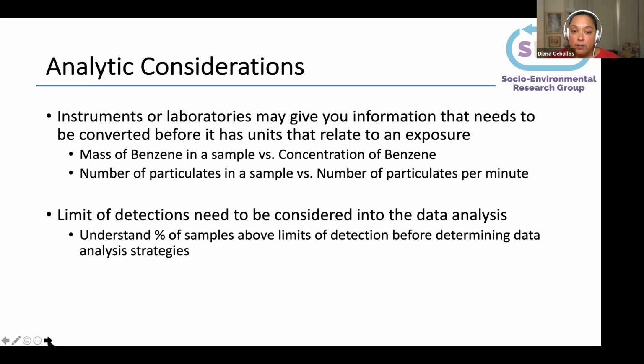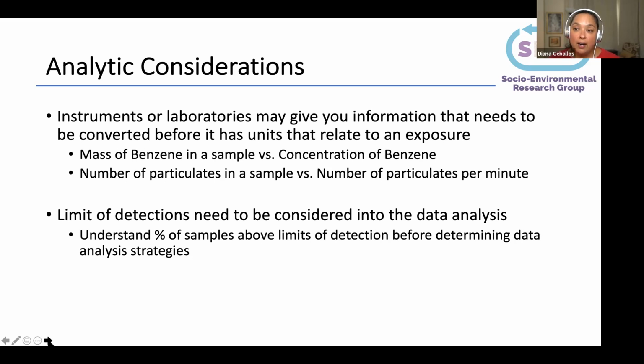So now, another critical thing that has come from experience in working with folks that are not always as familiar with exposure science is that it's very important to look at limit of detections in your samples, before considering any further data analysis. And so understanding the percentage of samples that are above limit of detection is critical.